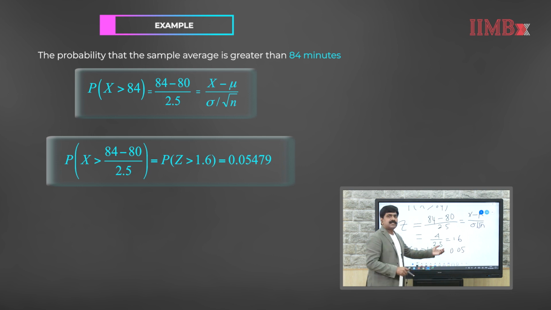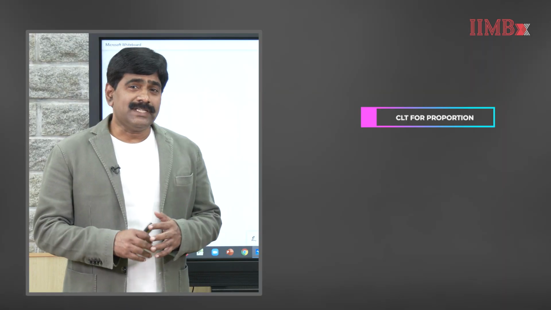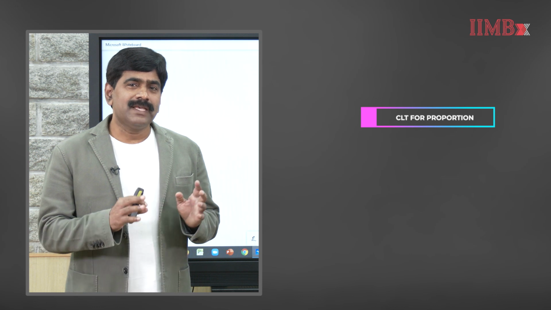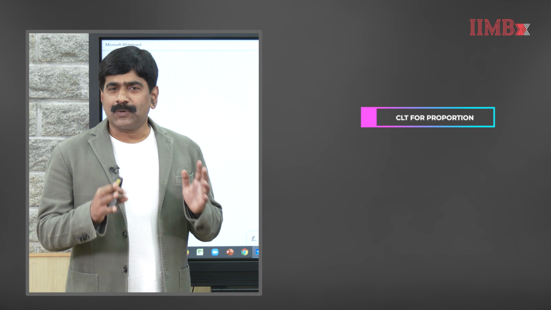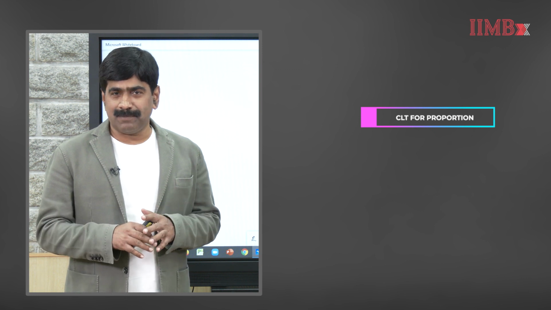That means there is approximately a 5% chance that for a sample of 100 students, the average time they spend texting exceeds 84. If you notice the definition of the central limit theorem, it says the central limit theorem is valid for large n. The question is, how large should the sample size be?